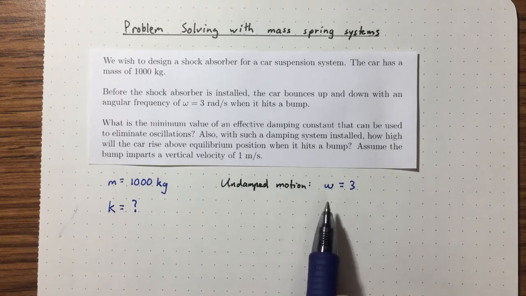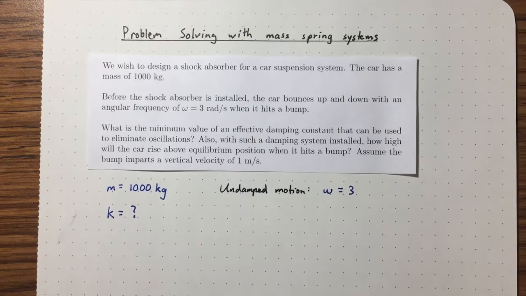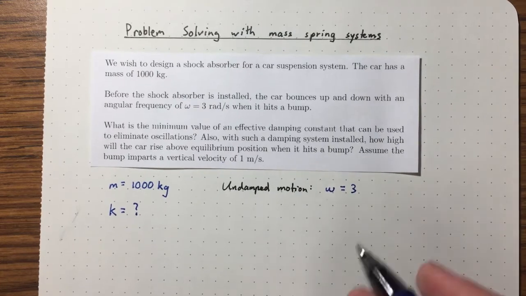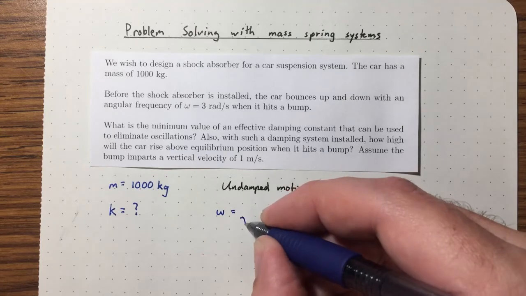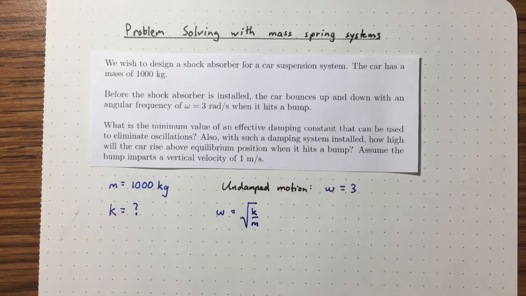Well, can we use this to figure it out? The answer is yes. You'll recall from the undamped case, what was our formula for the frequency? Our frequency ended up being the square root of k over m.